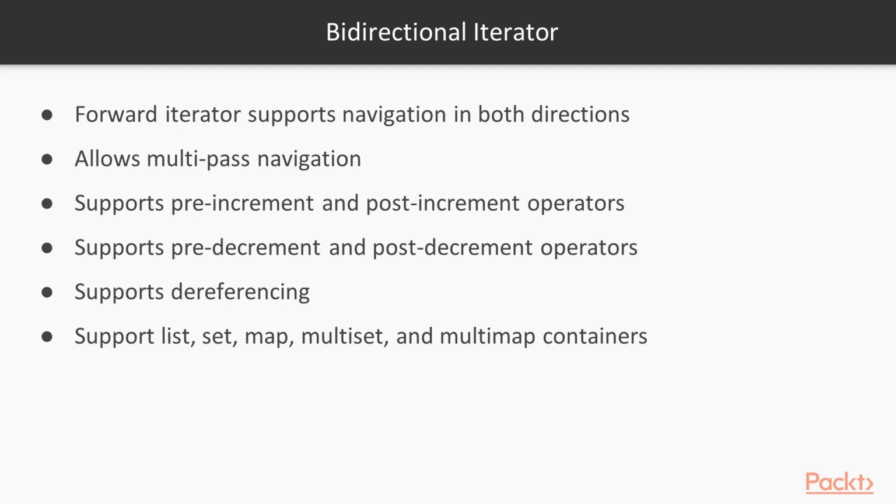It is a forward iterator that supports navigation in both directions. It allows multi-pass navigation. It supports pre-increment and post-increment operators. It supports pre-decrement and post-decrement operators. It supports dereferencing. The list, set, map, multiset, and multimap containers support bidirectional iterators.